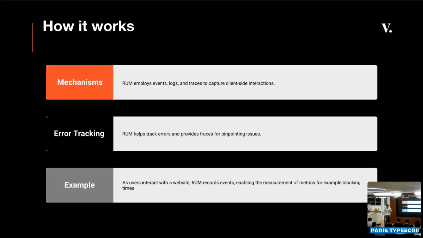And a good example here is that a user interacts with our website. We then initialize the RUM client library, and then we start streaming some logs and events back to the monitoring platform, right? From this, we'll be able to tell things like what is the total blocking time for a particular action, because we've sent an event when a user actually initiates an action, and then we'll send an event when the action is actually finished.